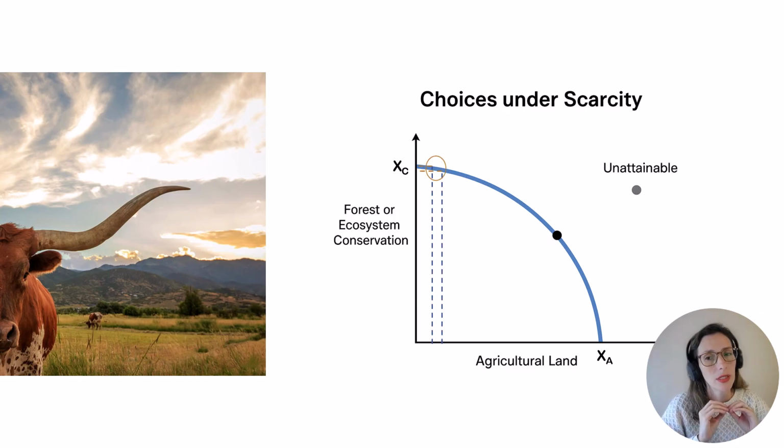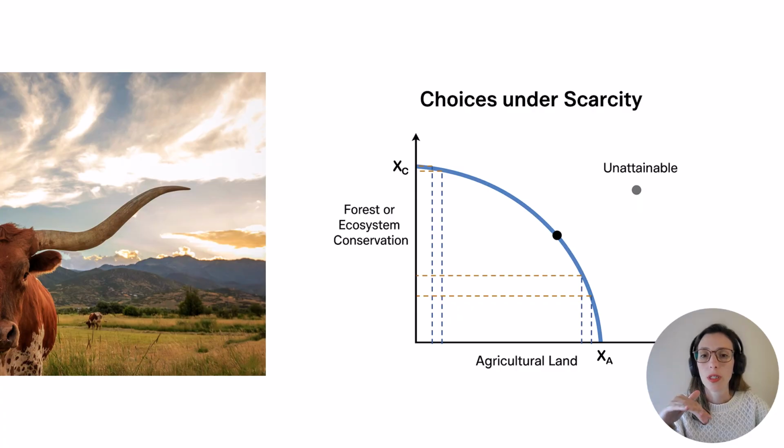An interesting feature of this curve is that when there is a large amount of one land use, such as forest, converting a small portion of it to agriculture has a relatively small impact on the remaining conservation value. However, as more and more forest is converted, each additional unit of land cleared comes at a higher cost in terms of lost conservation.